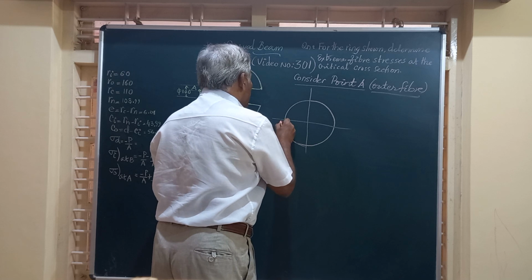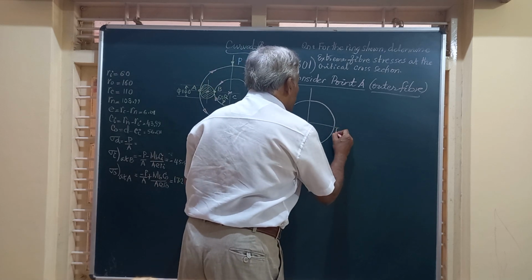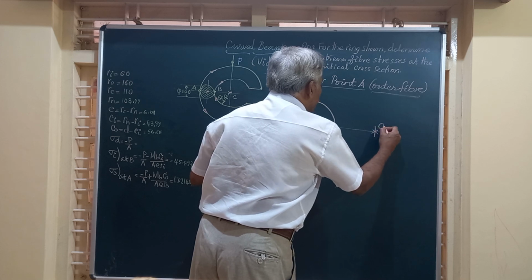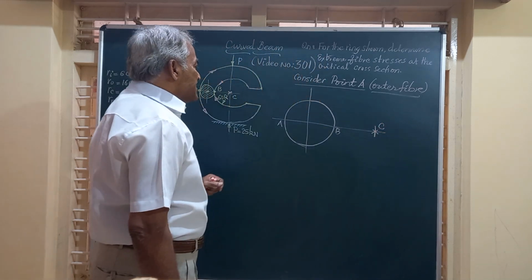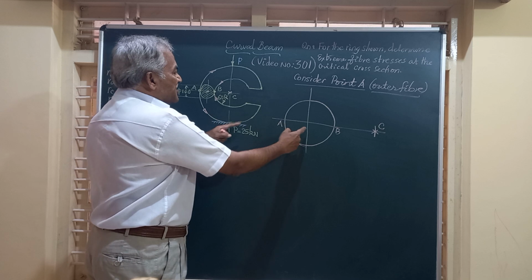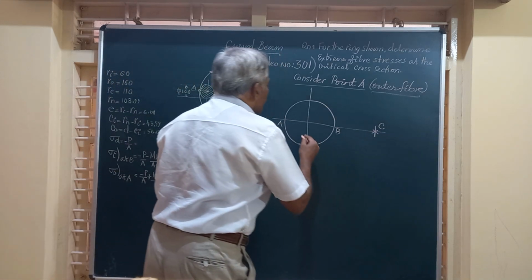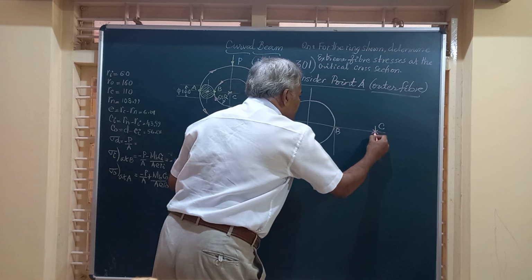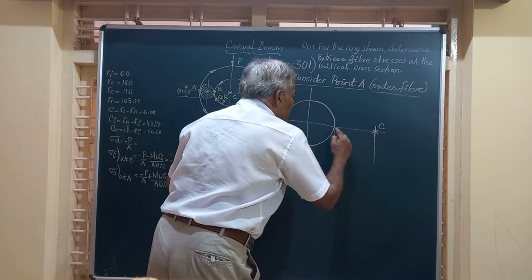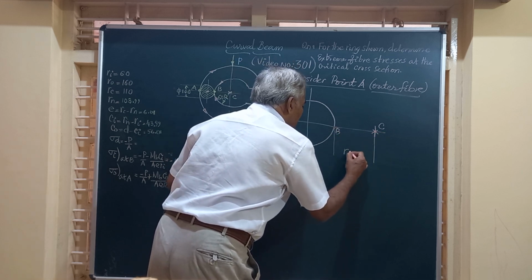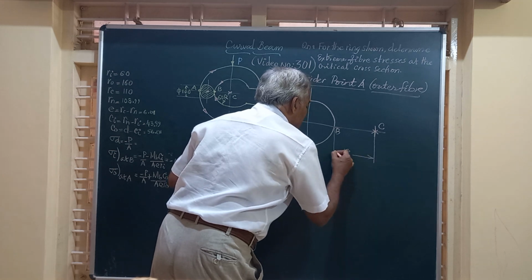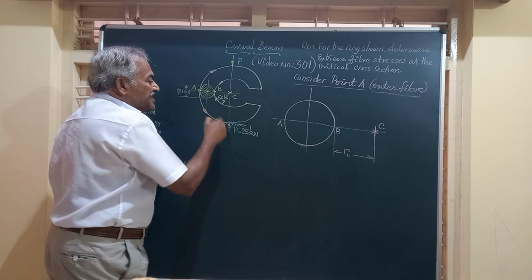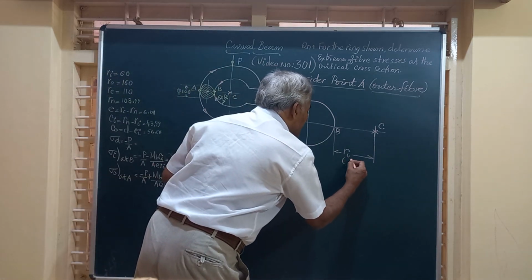This is A and this is B. You have the center of curvature somewhere here, which is called C. Friends, this is the cross section AB and this center of curvature. And let us see what are these parameters. Friends, the distance between C and the inner fiber is called Ri. And this Ri value is given in the question as 60 radius. So this is 60 mm.